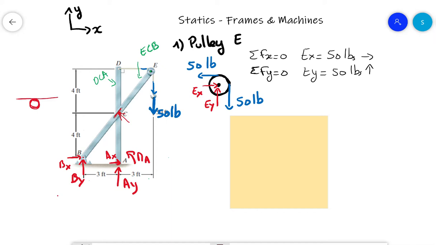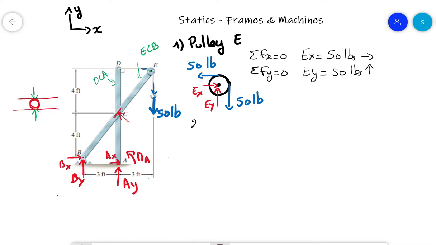Inside the slot, it could be a contact in these directions or these directions. We don't know because the pin is stuck between both sides of the slot, and we will find that with our equations.